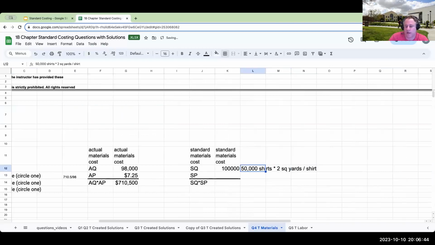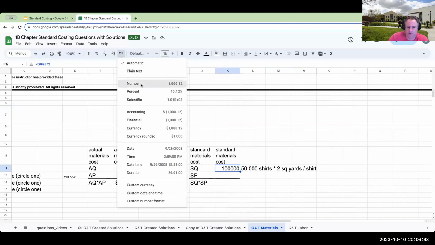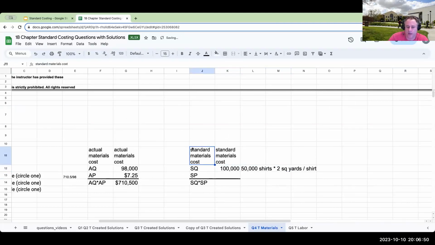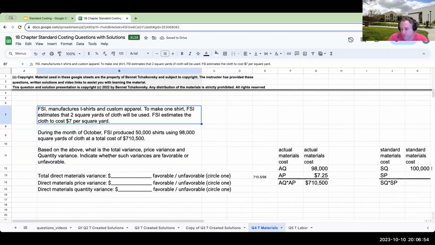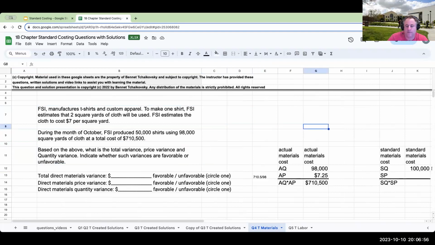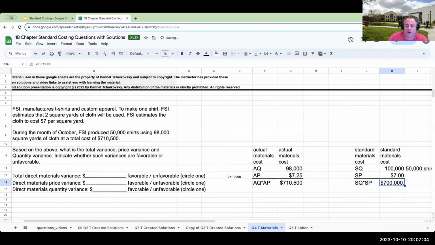So this is what I should have used. Again, this is a budget. We're doing this to track ourselves in real time in terms of what's happening. In terms of the standard price, this is going to be $7 per square yard. So it should have cost me 700,000.